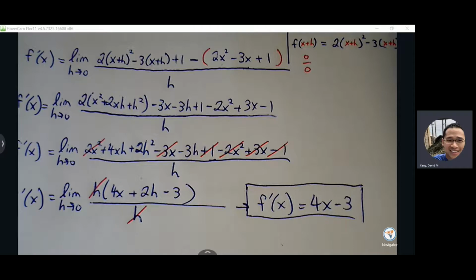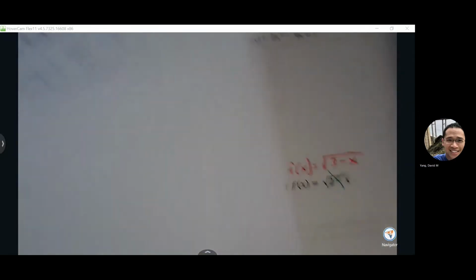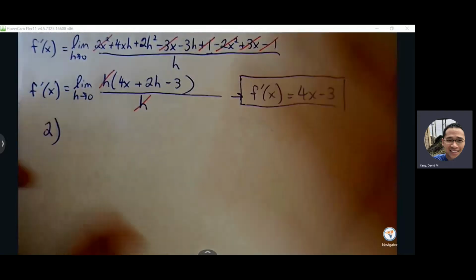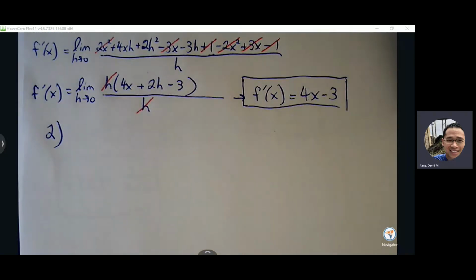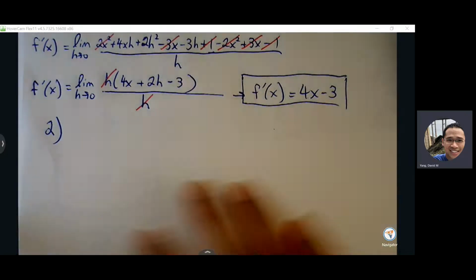Okay, any questions with 1? Okay, all right, number 2. Now we're doing the alternative definition for a different function. And with the alternative definition, it's always going to be at a point. So it's always asking for a slope, a numeric value.